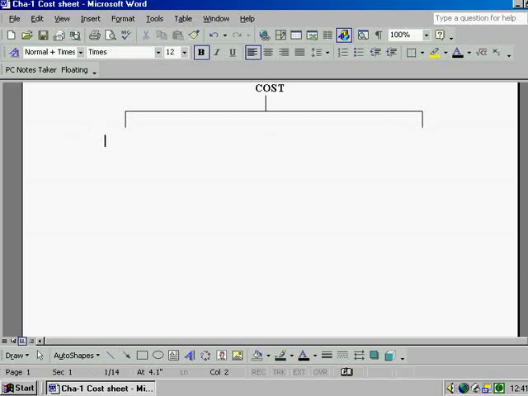So I have direct and indirect. Now what do we mean by the direct cost and the indirect cost? Now direct costs are costs which are directly attributable to the product, which have directly been incurred on the product.